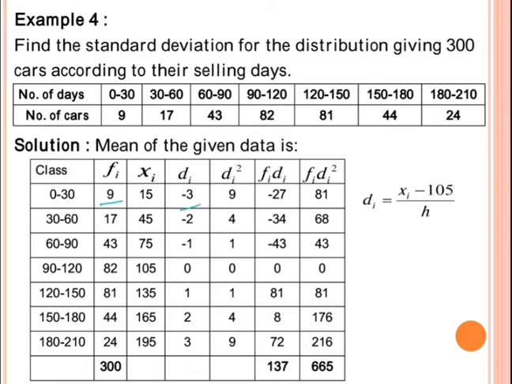Fi into di, that is minus 27, 17 into minus 2, that is minus 34, and so on, and find the total of fi di. Next, you will also need fi into di square. So 9 into 9 is 81, 17 into 4 is 68, and so on, and again find the total.